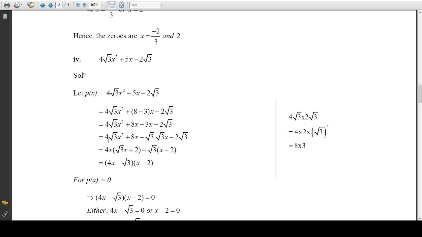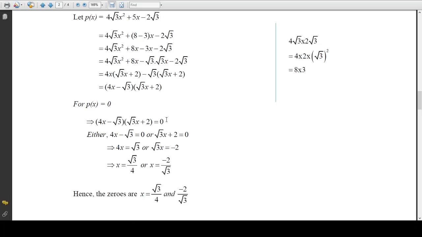Now between the first and second, we have 4x as the common. This means root 3x will be remaining from the first term, plus 4 multiply 2, which is 8, x we have already taken. Then minus. Then between the third and the fourth term, root 3 is common, therefore we'll take root 3 as common.